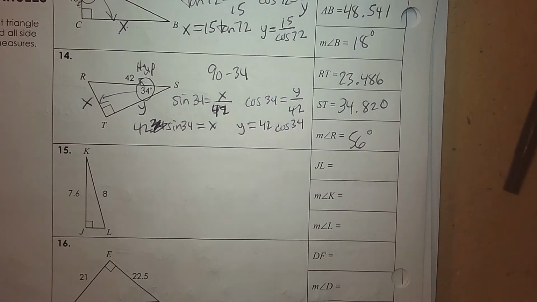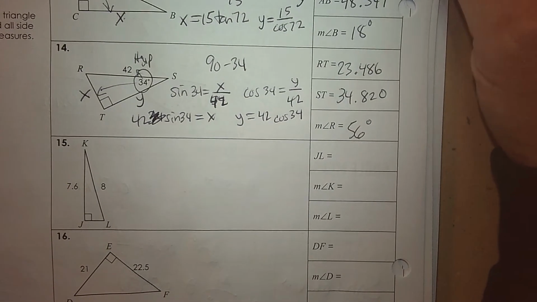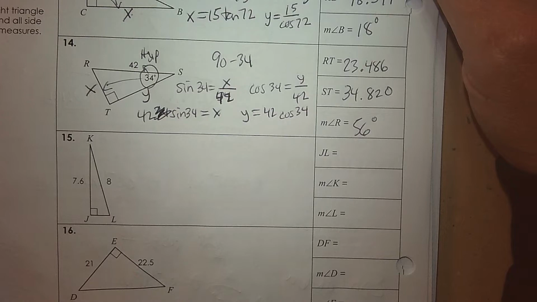All right, try number 15. Solve the missing side before I go too quickly. All right, number 15. In this example, can I go 90 subtract to find the angles?